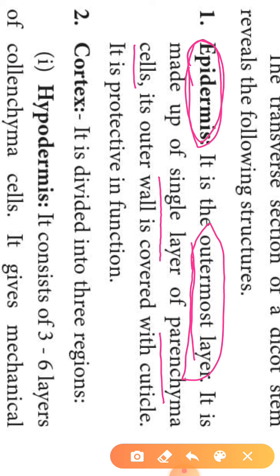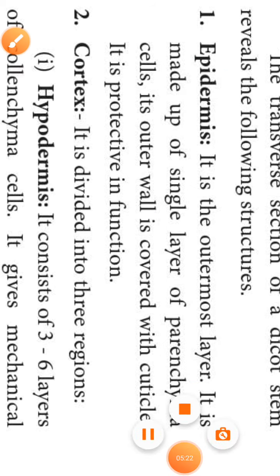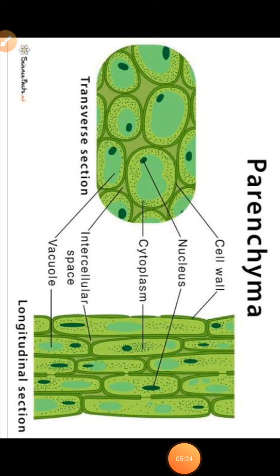What is parenchyma cells? Parenchyma is a type of simple permanent tissue that makes the major part in plants.